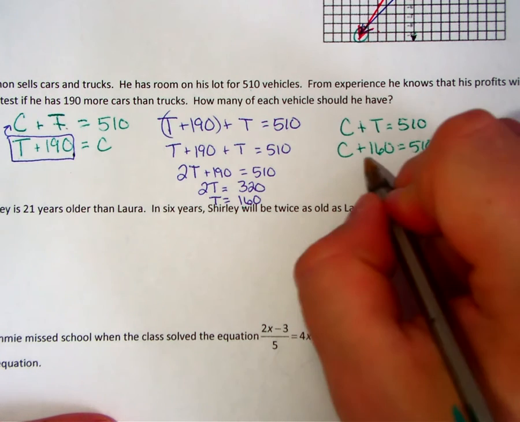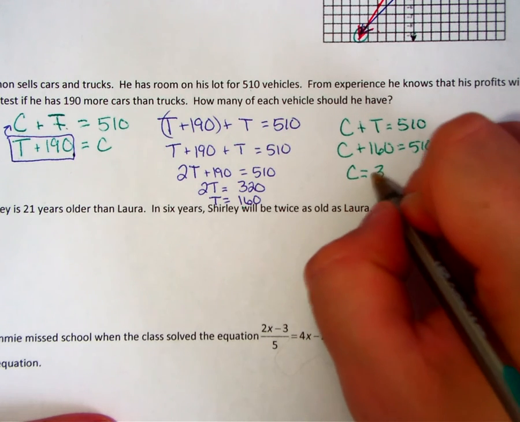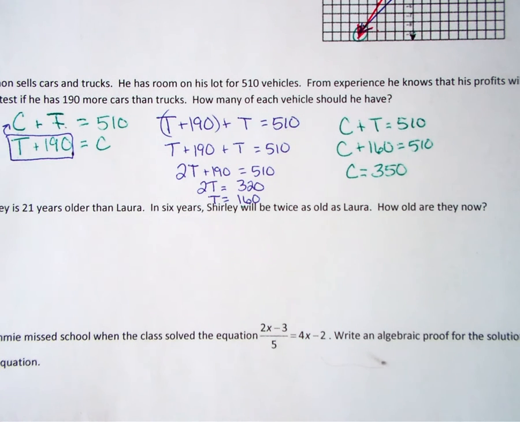So we subtract 160 from both sides, and C is equal to 350 cars. Now, at this point, we can make sure that it makes sense with our second statement. We need to have 190 cars more than trucks. If I have 350 cars and I subtract 160 trucks, I have 190 more cars. So we have satisfied the statement.